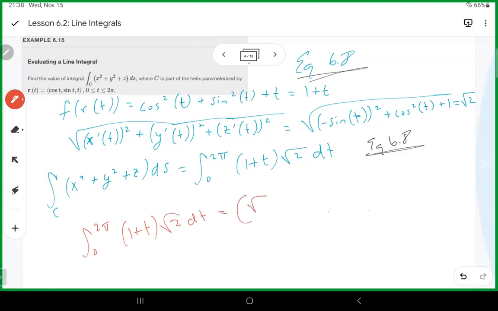That's going to be square root of 2 t plus square root of 2 t squared over 2, from 0 to 2 pi.